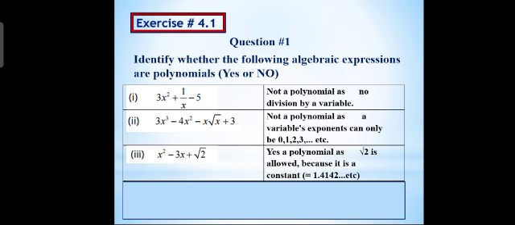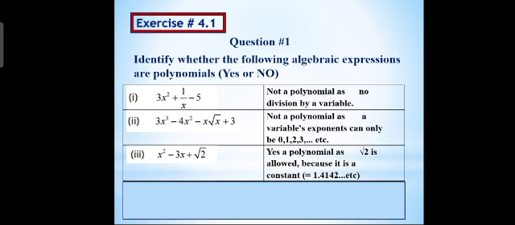Third part, x square minus 3x plus square root of 2. You can observe that the first term, x square, is allowed, minus 3x is allowed, plus square root of 2. Square root of 2 is a constant. So yes, this is a polynomial, as square root of 2 is allowed because it is a constant.